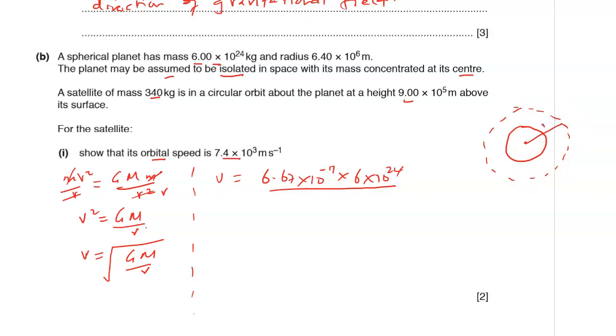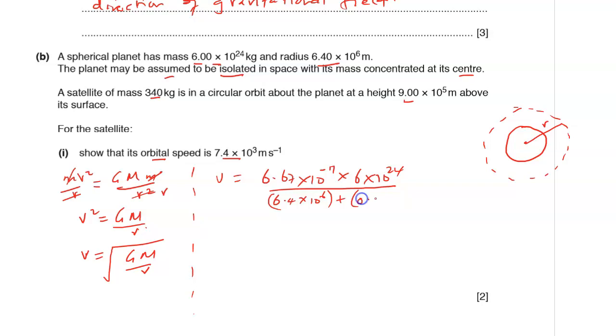It is the sum of the radius of the planet, 6.4 times 10 raised to power 6, plus the distance from the surface to the orbit, which is 10 raised to power 5.